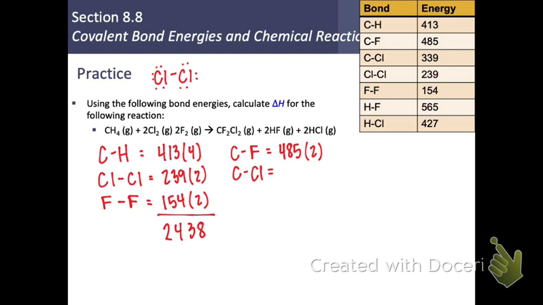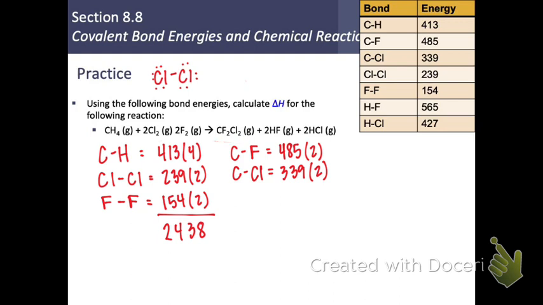Carbon to chlorine bonds, how many would we have? Do you see what that looks like? F, Cl, right? I don't think we'll need double bonds there. So all good. What about the next one?